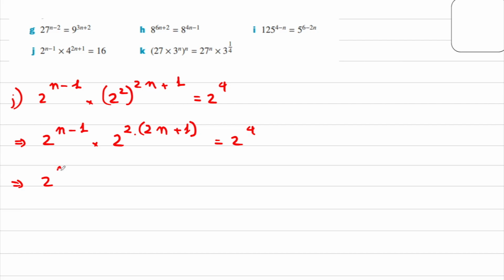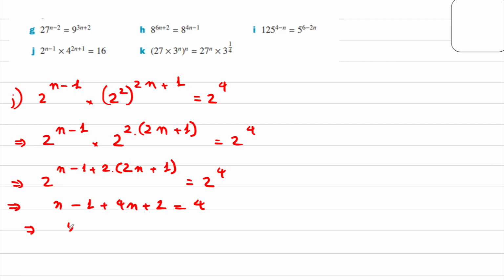And then you get n minus 1 plus 2 multiplied by 2n plus 1 equal to 4. So n minus 1 plus 4n plus 2 equal to 4. And then you get 5n plus 1 equal to 4. Then 3 over 5 will be the answer for this question.